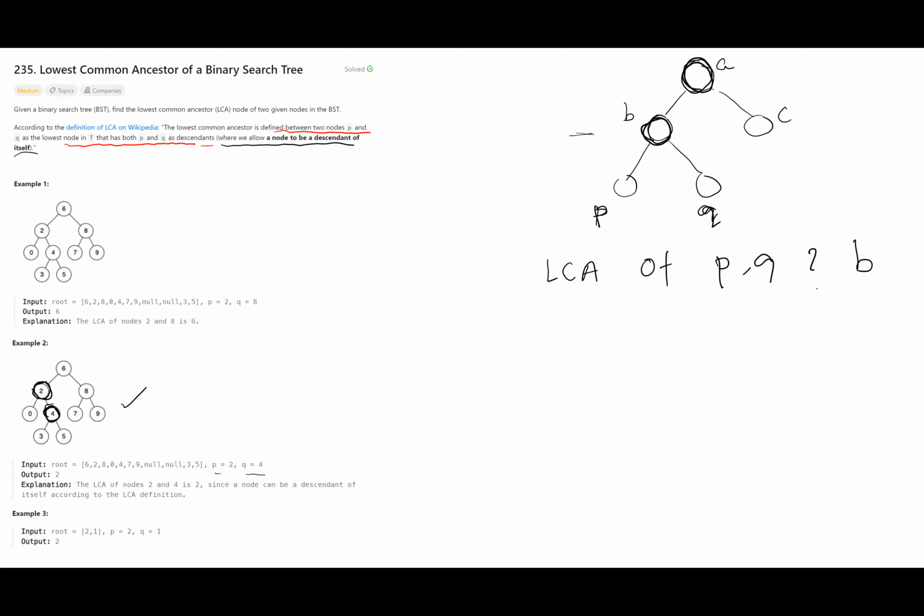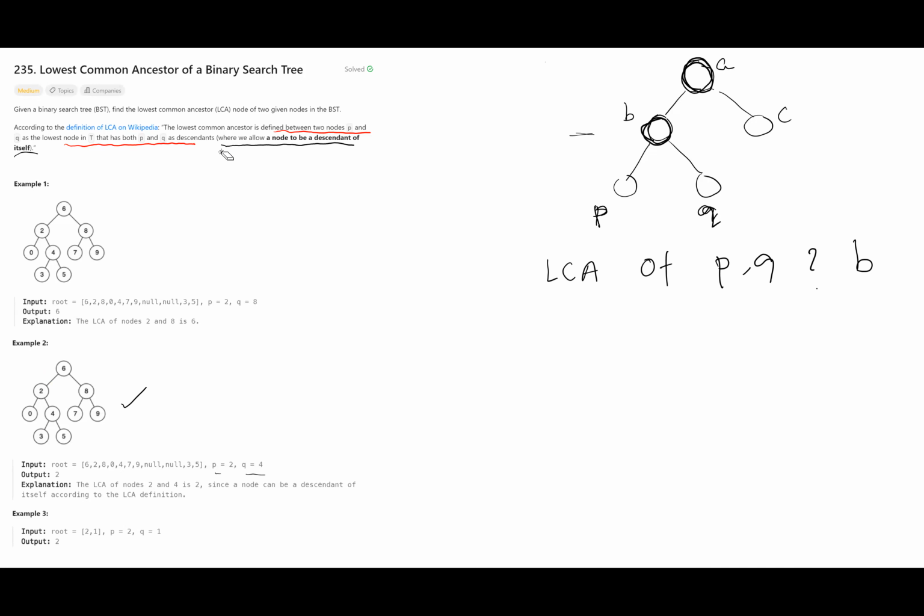In that case, 2 can be a descendant of 2. So the lowest common ancestor for 2 and 4 is 2. So the answer here is 2. This node is the lowest common ancestor.